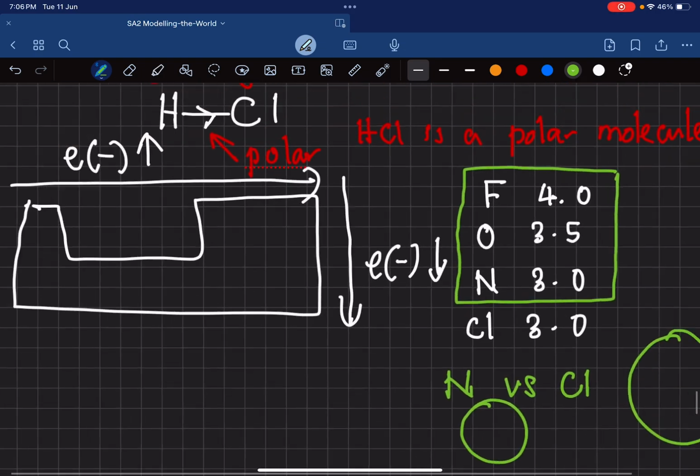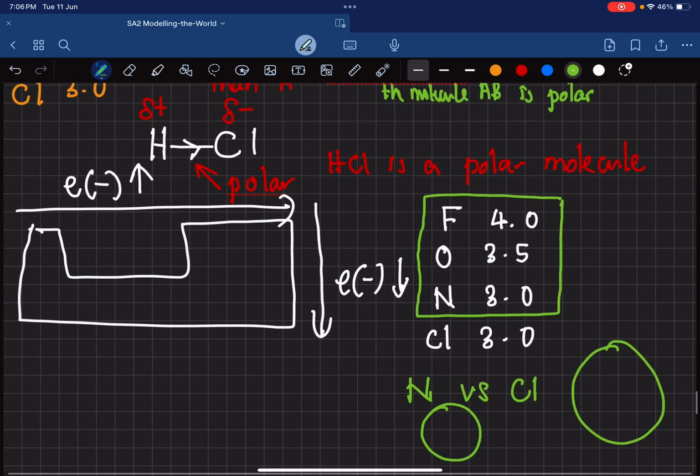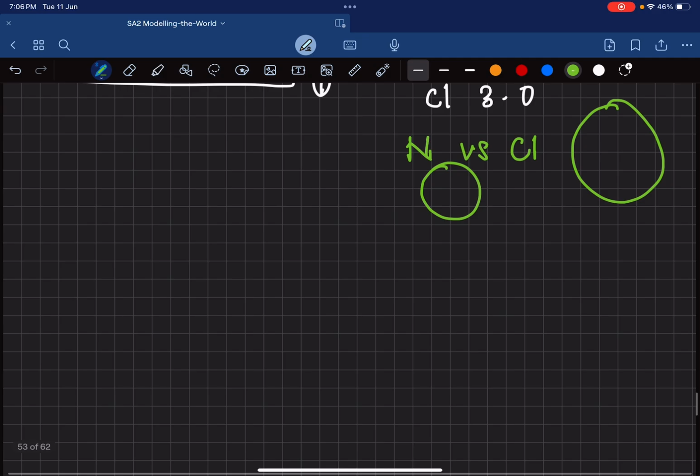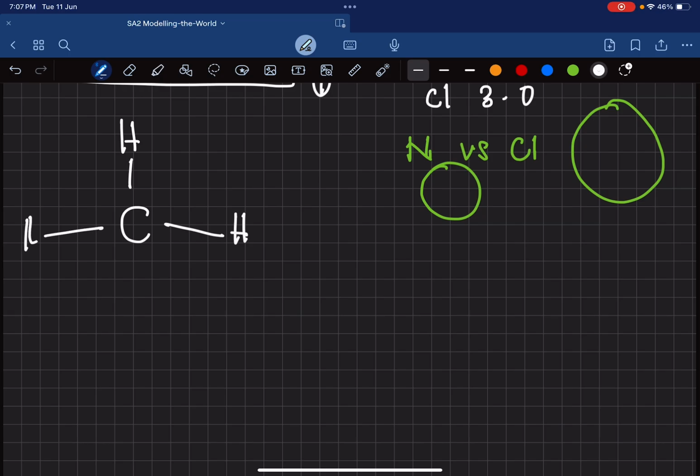Now we're going to look at things which are a little bit more complicated, molecules made up of more than one atom. Let's start off with methane. Methane is tetrahedral.